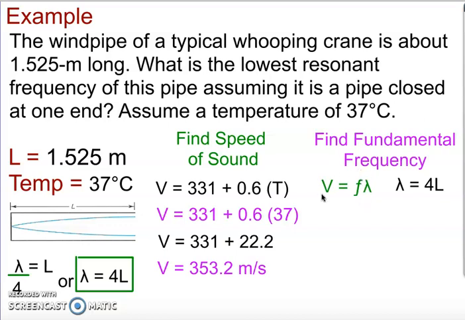By putting our wave speed equation together with this relationship between lambda and length that we created from our diagram, I can combine those together as a system and end up with the final equation that we derived in our notes. Our velocity will equal 4 times the length of the tube times the frequency we are looking for. So I'm going to plug in my values.